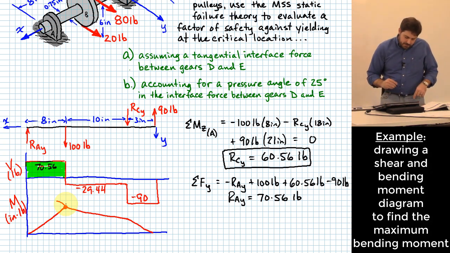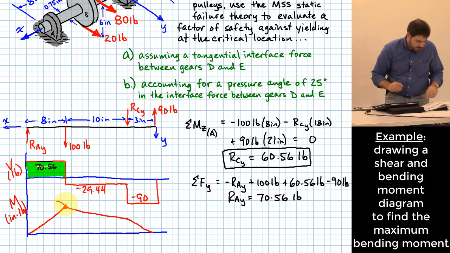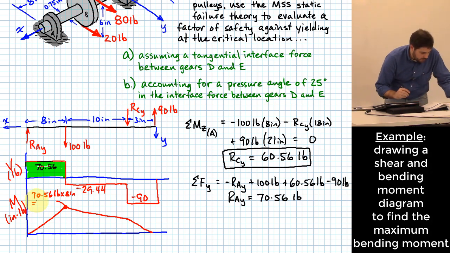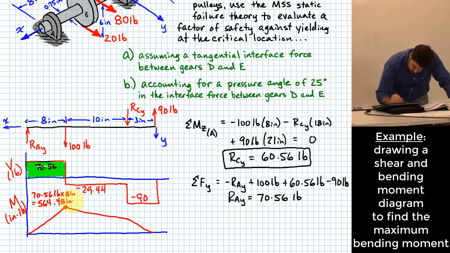70.56 pounds times 8 inches. Maybe I'll just write that right here. 70.56 pounds times 8 inches is going to be equal to 564.48 inch-pounds.